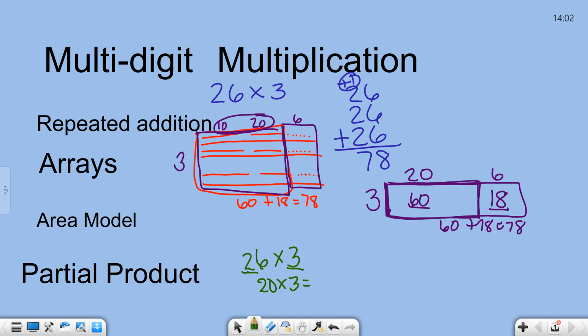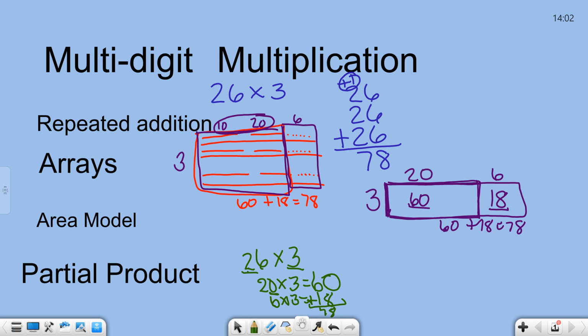And that's 2 times 3 is 6. And then I move over my 1's place to my 10's place for this 0. And then 6 times 3 is 18. That can add up to 78.